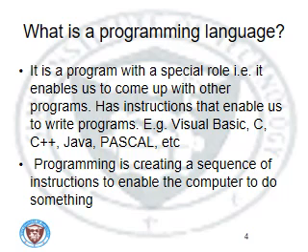So, if a programming language helps you come up with those instructions, then the process of you coming up with those instructions is actually programming. That's why we say programming is creating a sequence of instruction to enable the computer to do something.